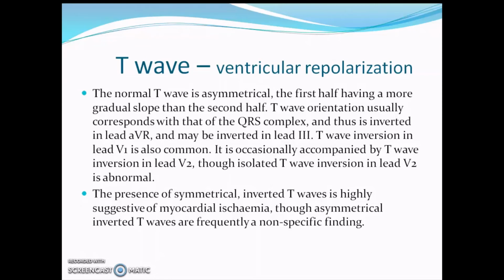T wave inversion in lead V1 is also common, as V1 is usually placed on the right side. The presence of symmetrical T waves is suggestive of myocardial ischemia. This is very important. Symmetrical T waves suggest myocardial ischemia. Asymmetrical T wave inversion is a non-specific finding.